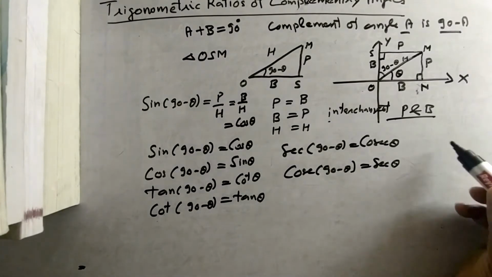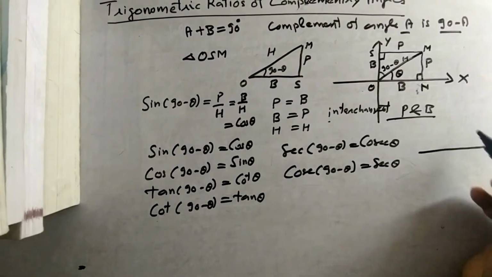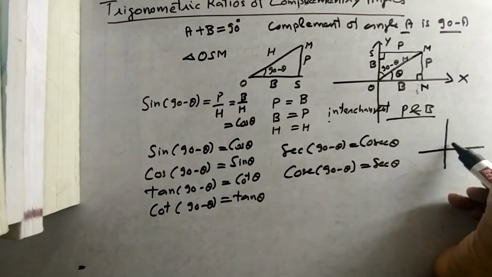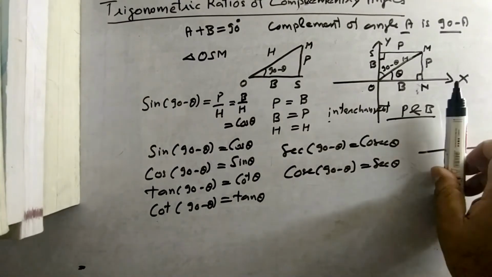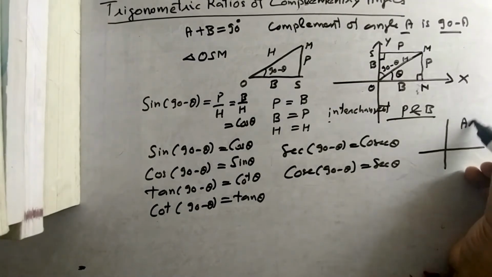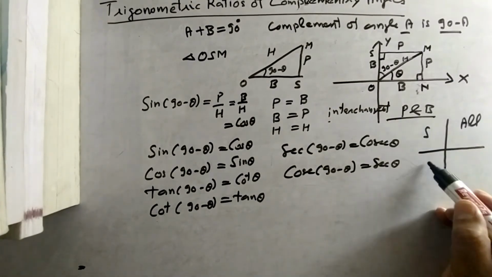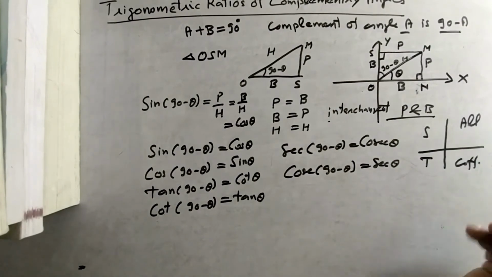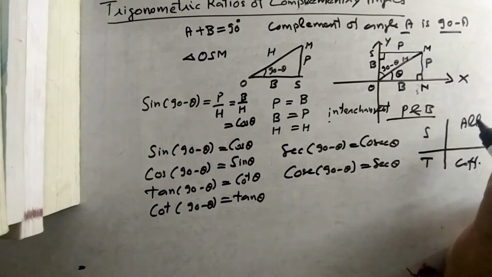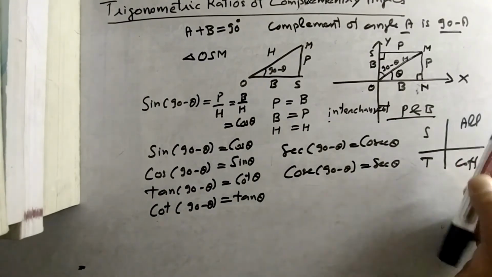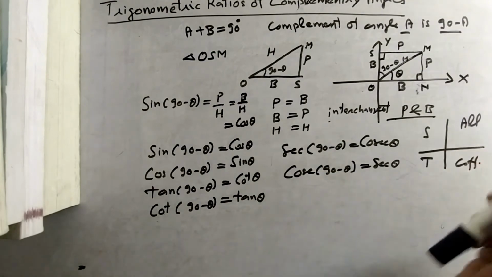Here I have a trick also, children, a very simple trick to understand it. Whenever you go from here to here, this is all sugar to coffee. So here all are positive. One thing you have to learn: when you go from 90 or 270, there is a change.